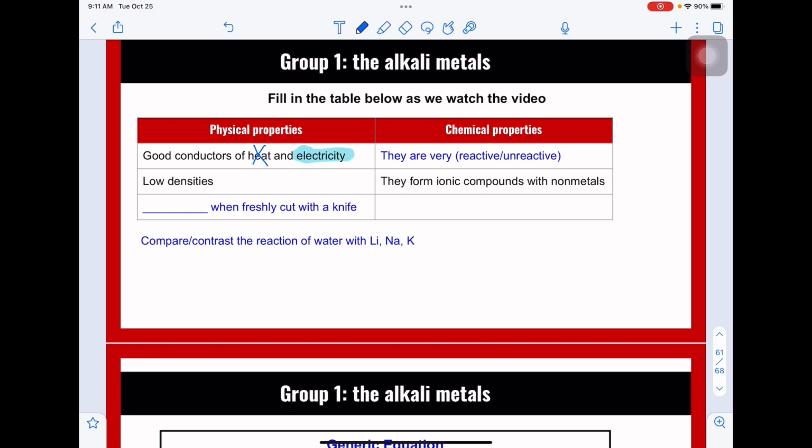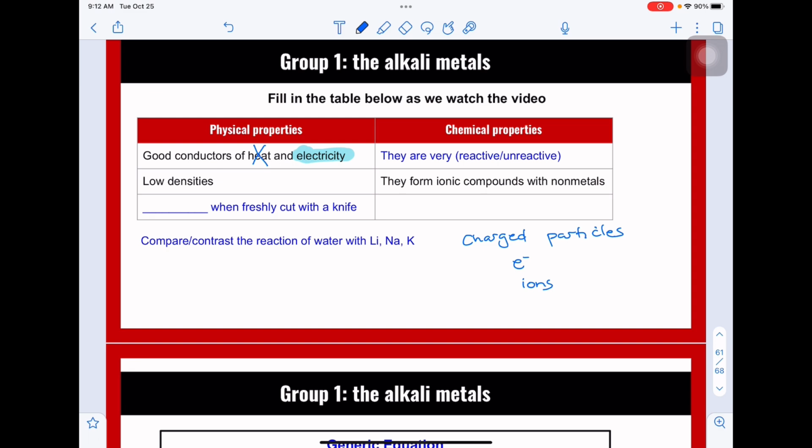So whenever an object or a substance can allow a movement of charged particles, so charged particles such as electrons or ions, negative or positive, these are charged particles. Whenever we can allow free movement of such charged particles, then something conducts electricity.